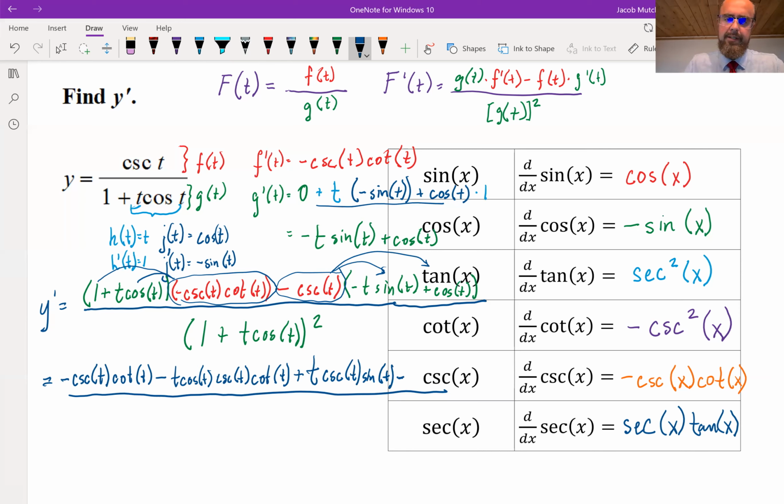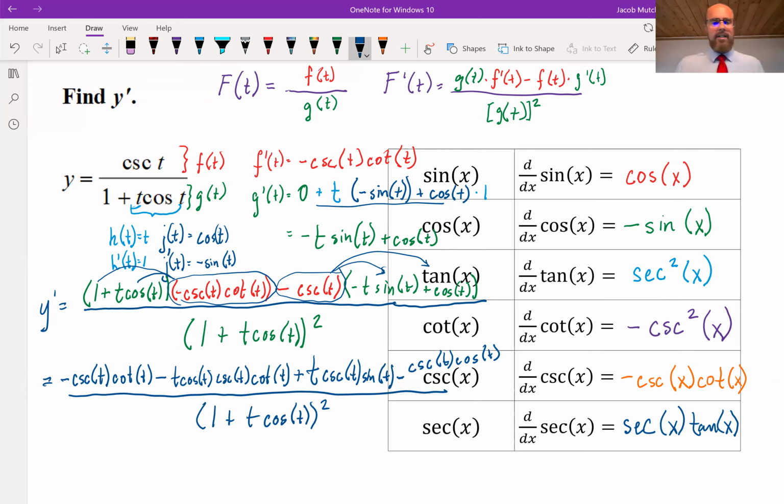I'm here in my table, but I'll make it work. Cosecant t times cosine of t. And that's all over 1 plus t cosine t squared. I'm not going to change that denominator because that's what it is.